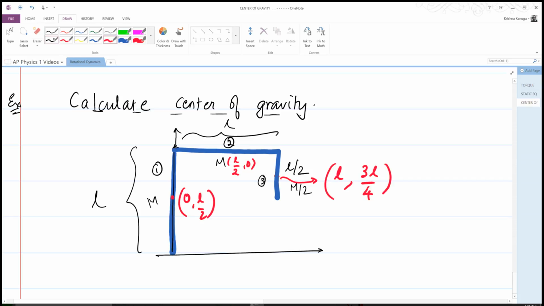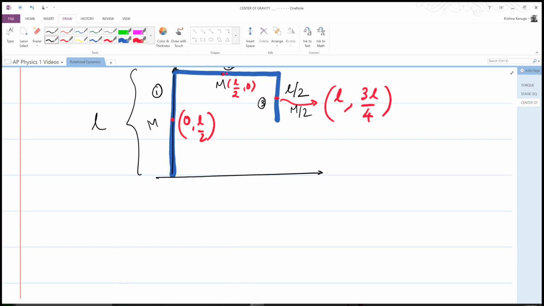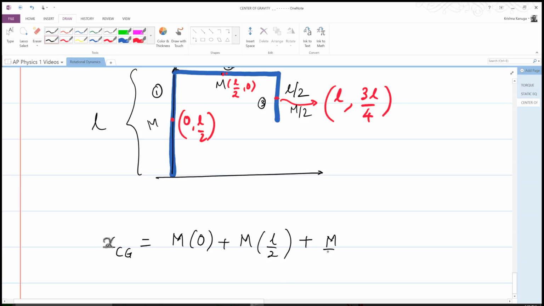Now, once we know the coordinates of the center of gravity for each of the individual pieces, the rest of the problem becomes really easy to solve. So let's calculate the x and the y centers of gravity. The x center of gravity will be equal to m times 0 for the first piece, plus m times L/2 for the second piece, plus m/2 times L for the third piece, divided by m plus m/2.